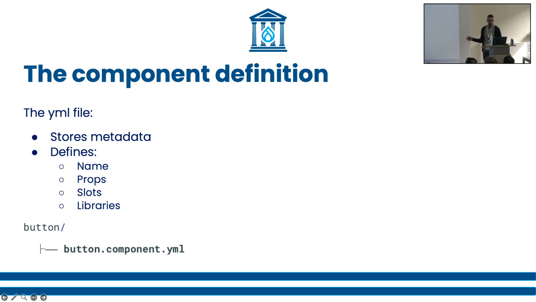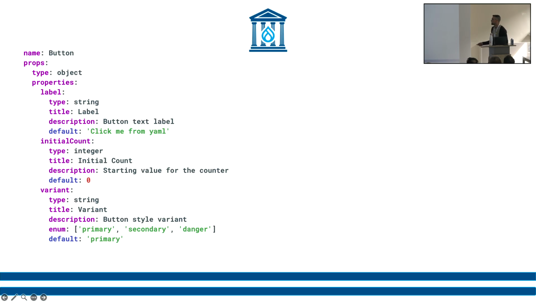So this is our component. The button component YAML stores all the data of the components, like the name, props, slots, libraries. It will be placed under the button folder, and its name will be button.component.yaml. So here is the button.